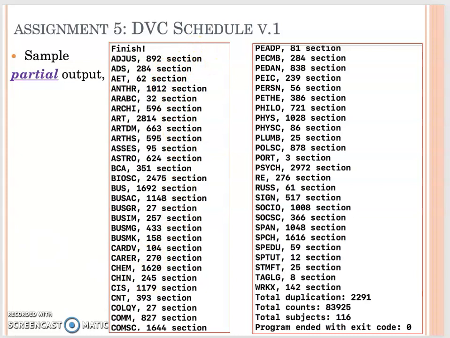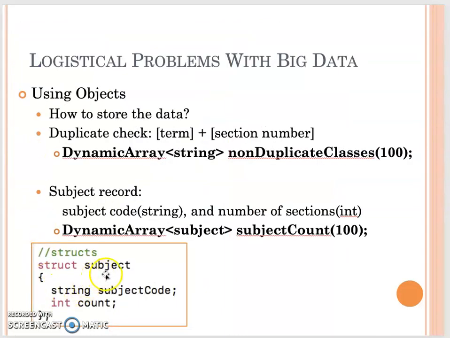So now I think about our array for our subject: it needs to include the subject code and the count. That's why a simple primitive data type cannot cover it.